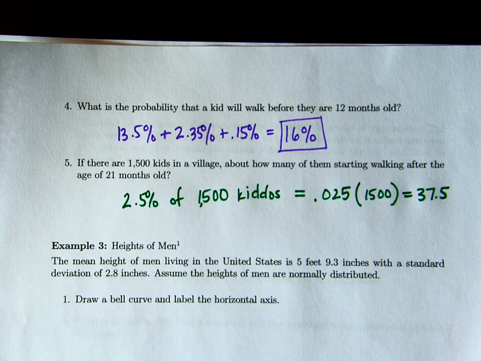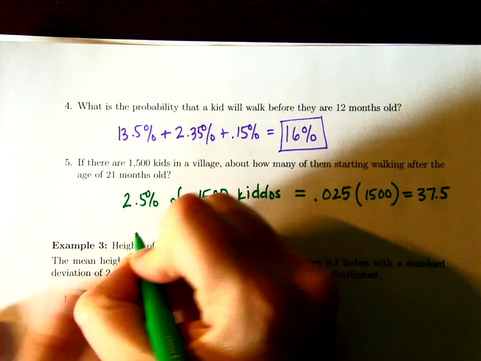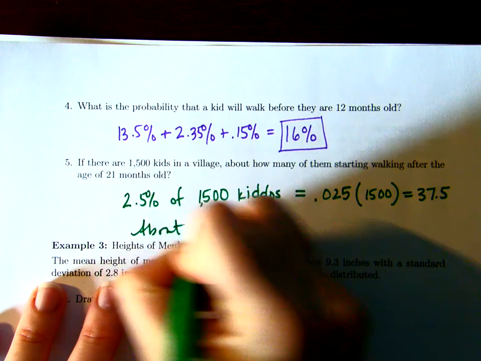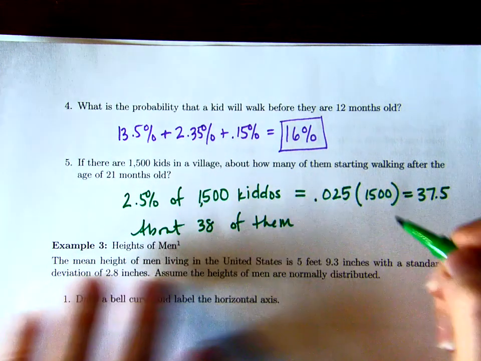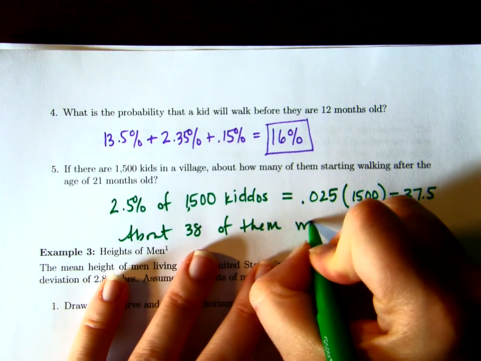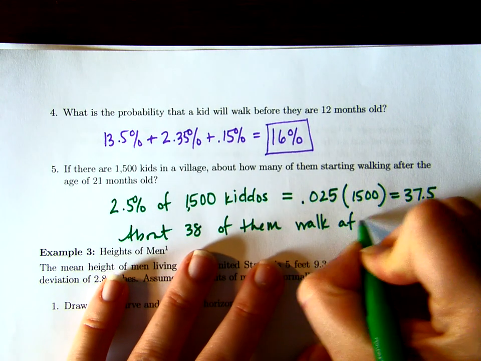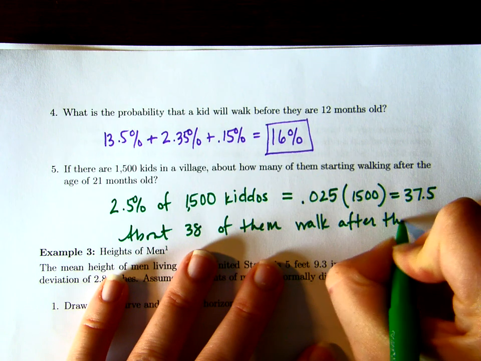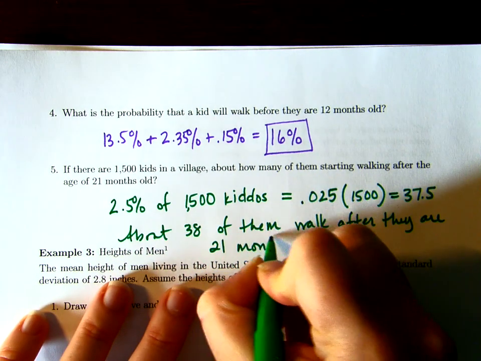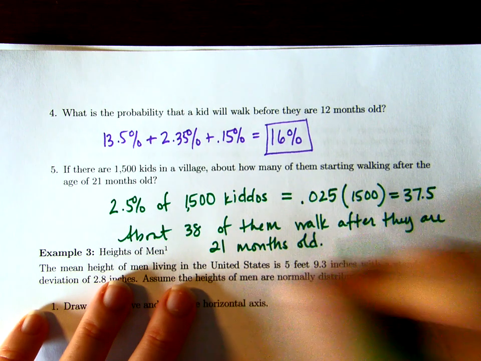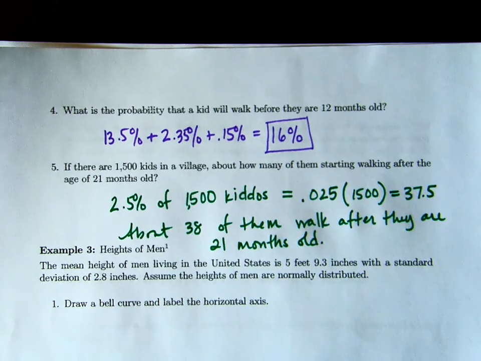I don't know. Whatever you want to do, round down to the whole child or round up to the whole child. I'm indifferent. Let's just write about 38 of them after they are 21 months old. There you go. There you have it.